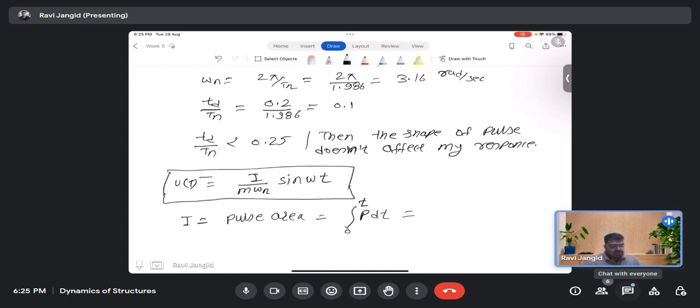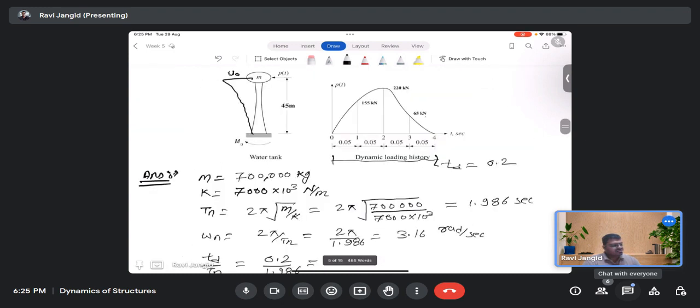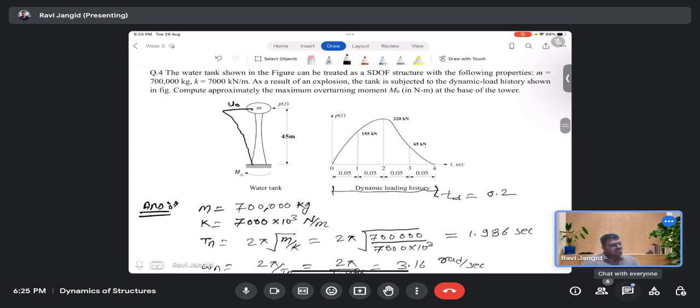So can you find the pulse area? Simplify this: consider this one as a triangle, this one as a trapezoid, then this one also a trapezoid, then this one also a triangle. So can you give me the value of I, the area of the loading curve, so that we can find out the response?